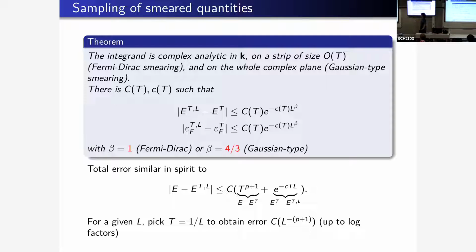So as t goes to 0, this guy goes to 0, but this guy is harder to converge. And based on this, you can do things like optimize this with respect to t for a given L. For a given L, what is the optimal temperature? This tells you that up to log factors, you should take the temperature going as 1 over L.